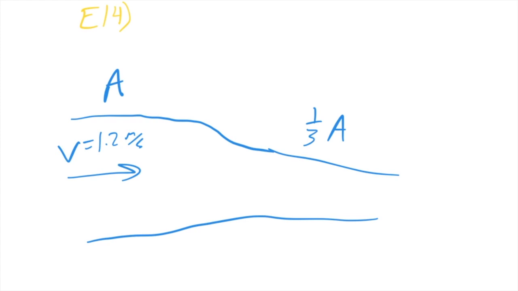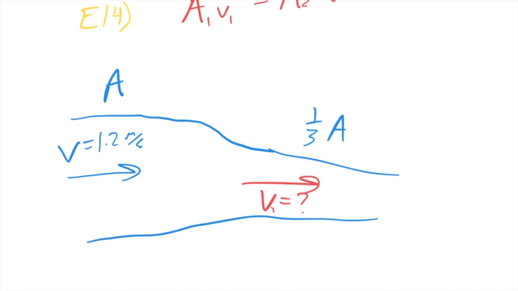So I'm going to change to red. What is the speed here? So V2 is a question mark. So we know that the fluid flow, A times V, is conserved. So A1 V1 equals A2 V2. The area times the velocity equals the area times the velocity.